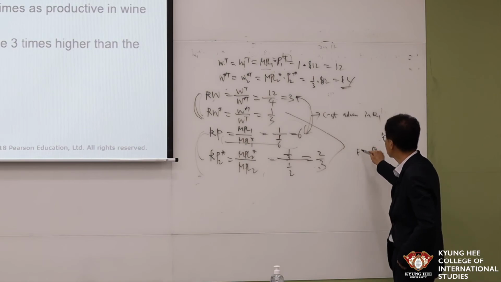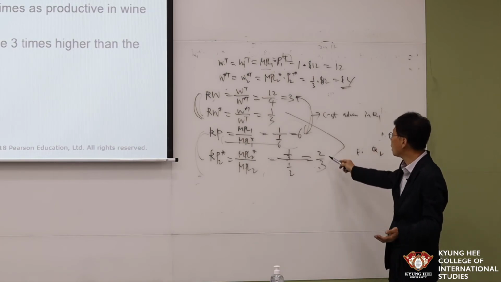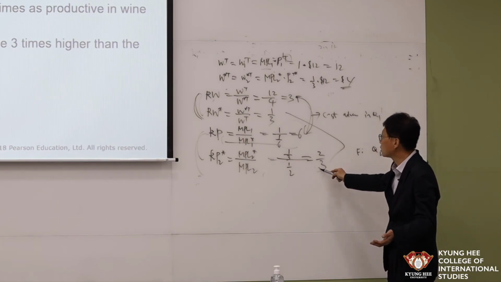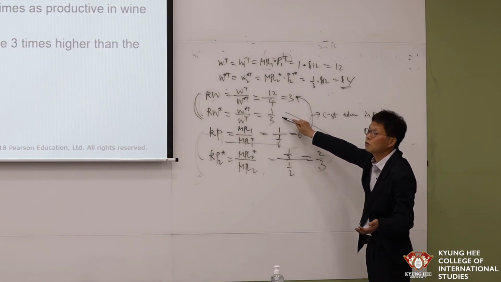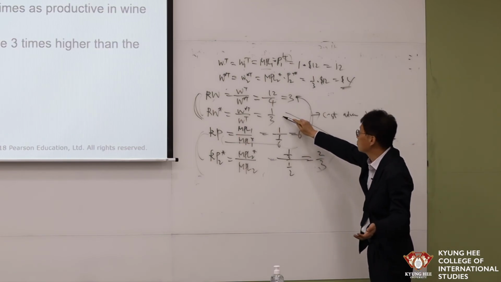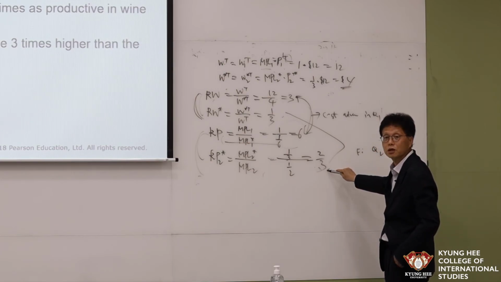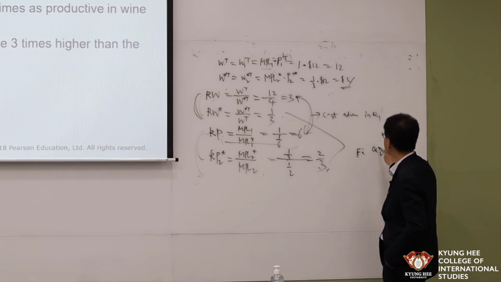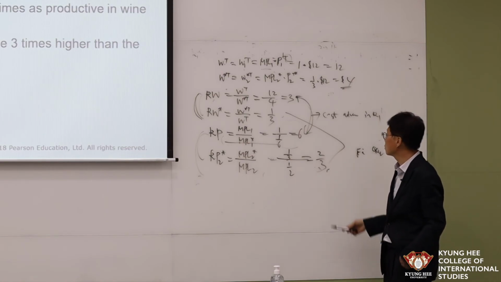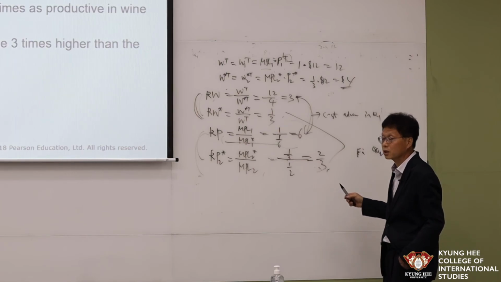The foreign country has a cost advantage in Q2. How does this happen despite relatively poor productivity? Because of a much lower wage rate, which fully compensates the lower productivity in Q2 production in foreign. So the foreign country can enjoy a cost advantage in Q2 production. Can you understand my explanation?